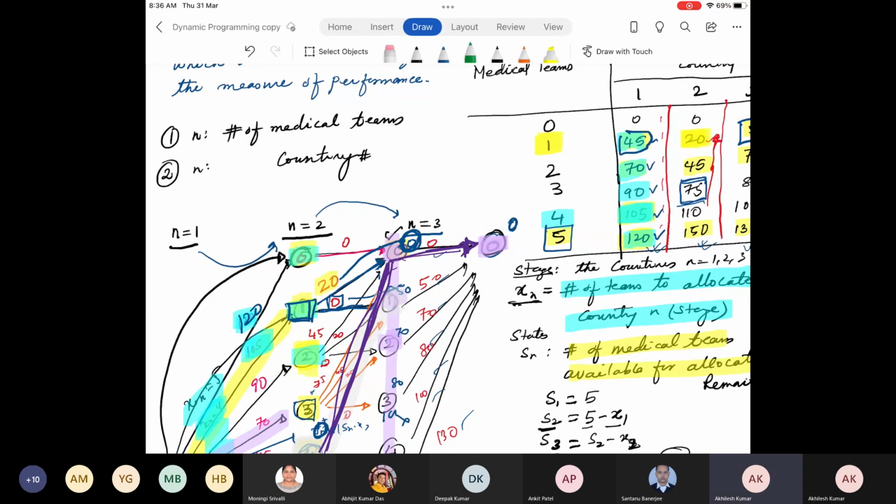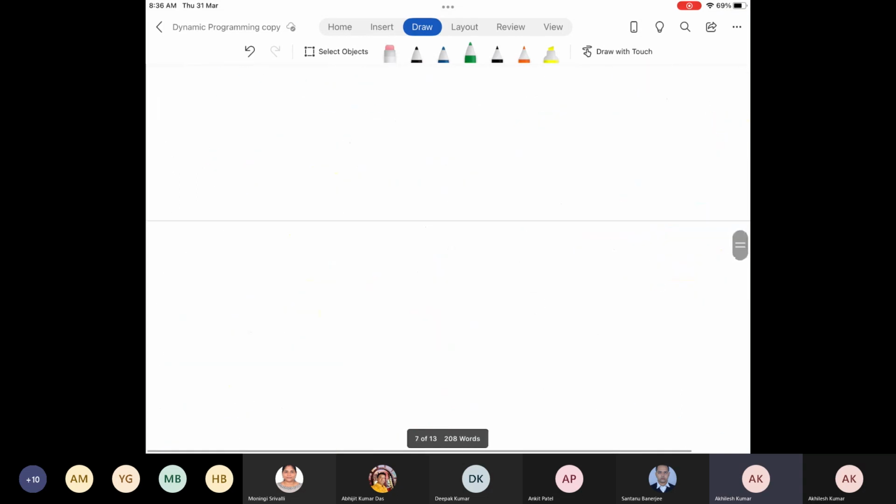Whatever decision I took for autumn will take me to the winter season state. At the start of the winter season, I know how many employees I have, and now I have to make a decision. So that's why we are saying that your state Sn equals Xn minus 1.